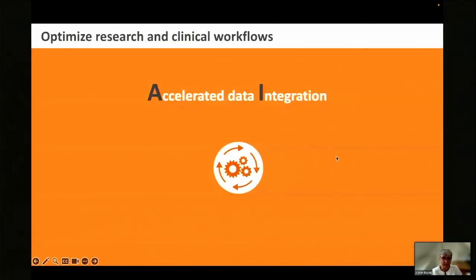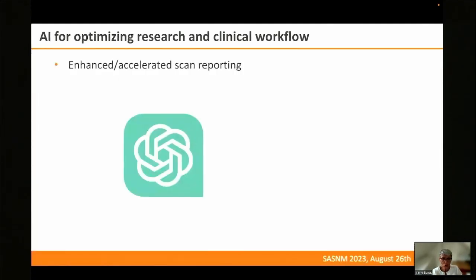And last, AI can be used to optimize research and clinical workflow. The first obvious application is using AI for enhanced or accelerated scan reporting, for instance, using ChatGPT or alike.